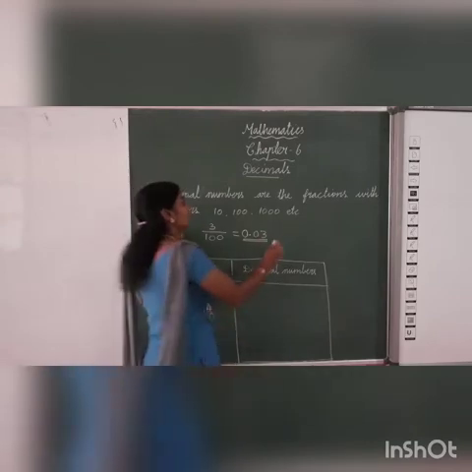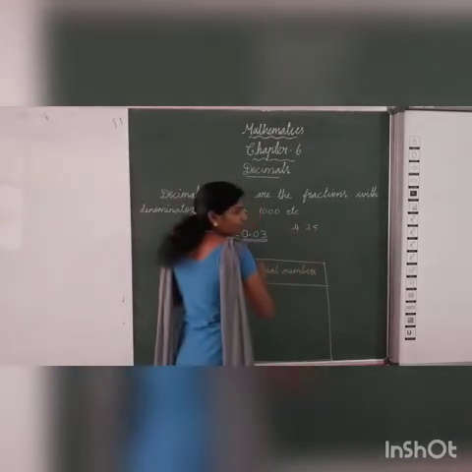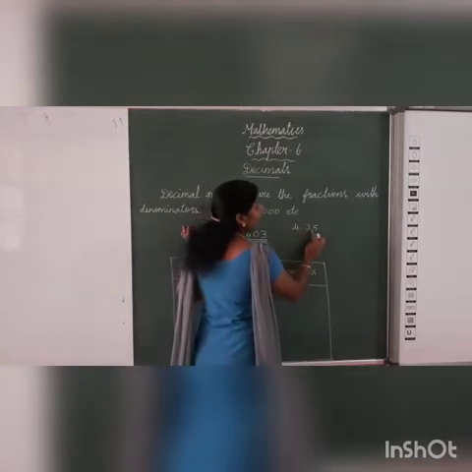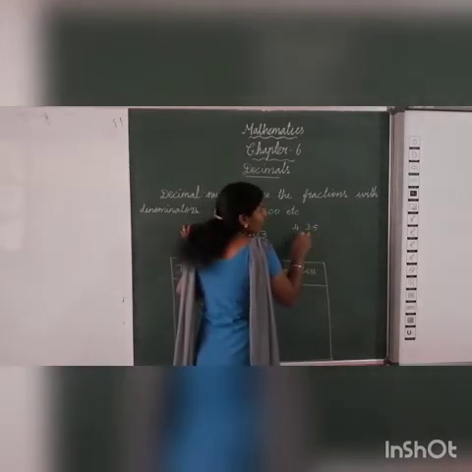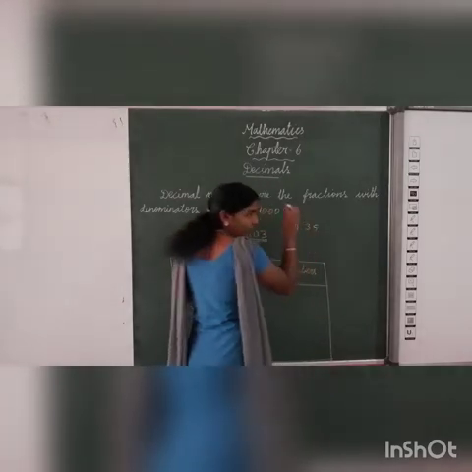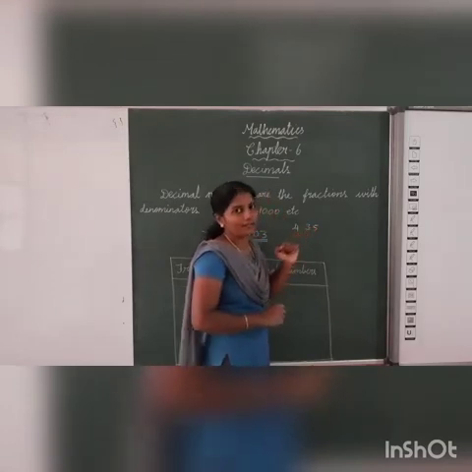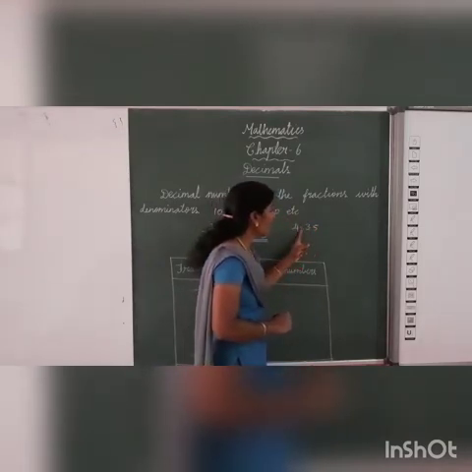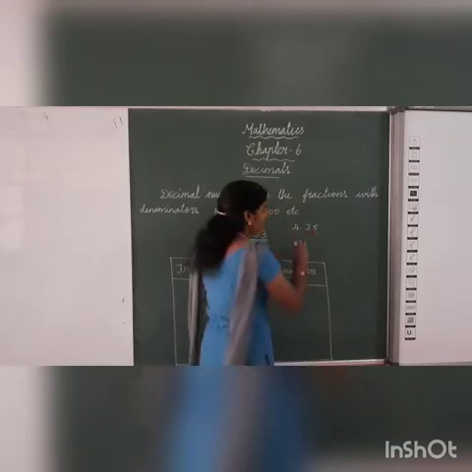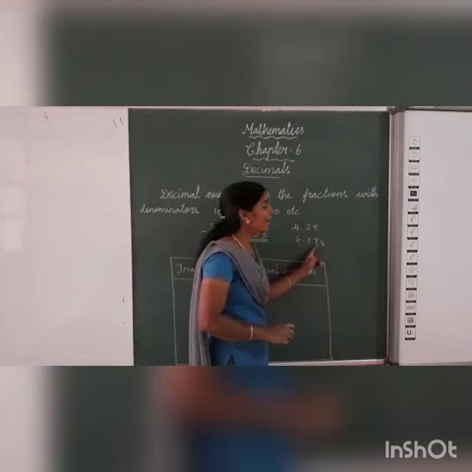Okay, one more example, 4.35. You don't read it as four, three, five. That is wrong. How can you read 4.35? And 6.178, you don't read it like that.